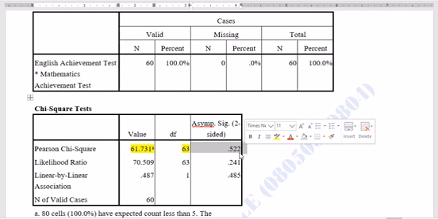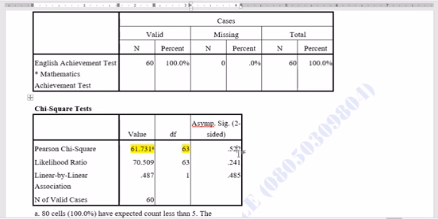They are not related. They are not related because why? If it is significant, it should be less than 0.05. And here I have 0.522. It's telling me it's not significant. And likelihood ratio, this is what I have. And the degree of freedom I have 63. If you share this 63, we discover that they are telling me that they are not related in one way because of this value I have here.